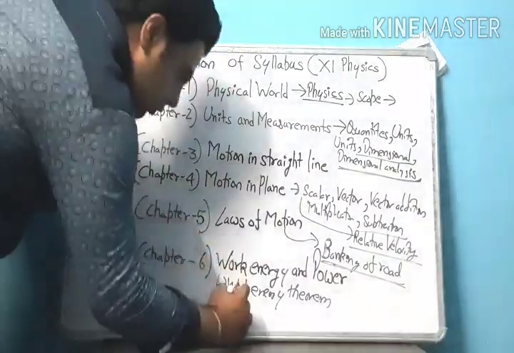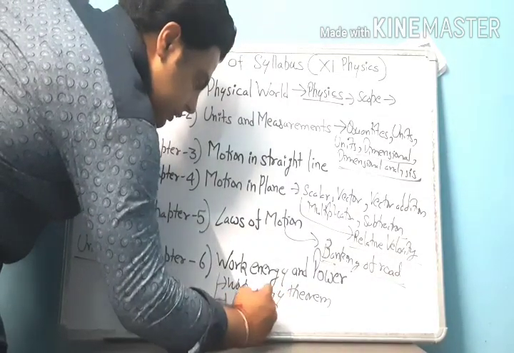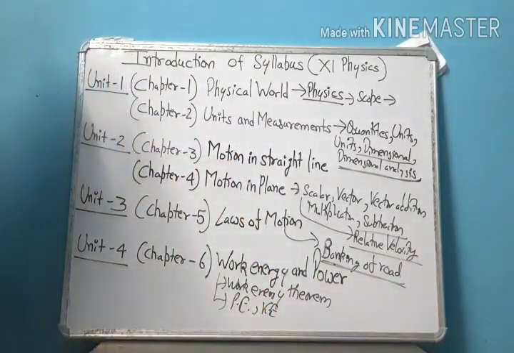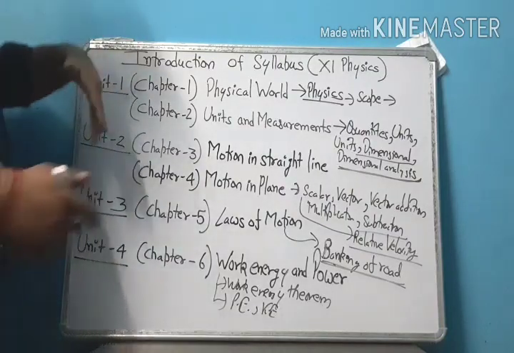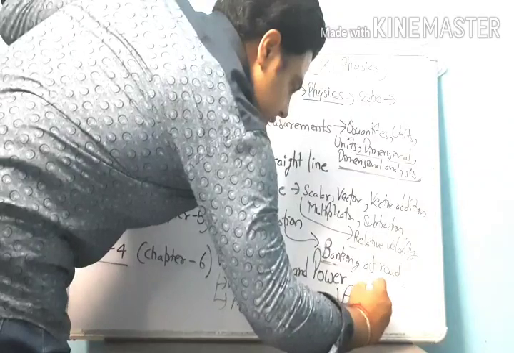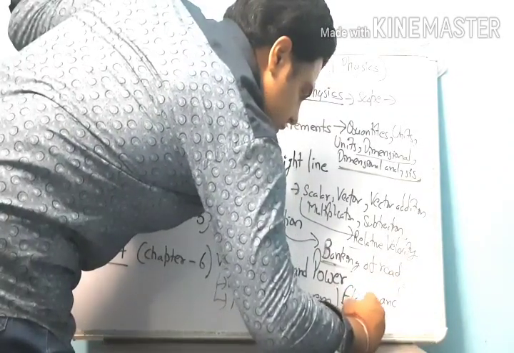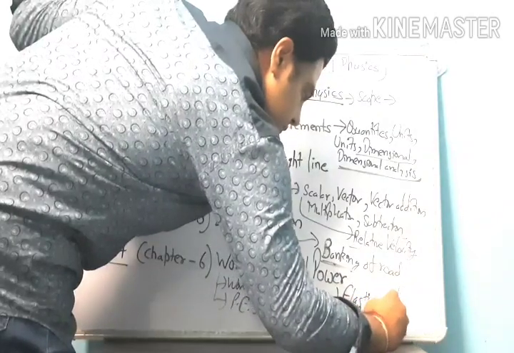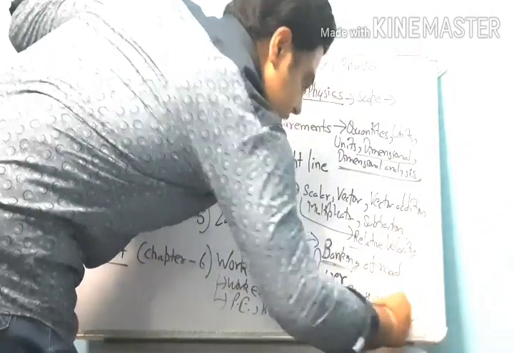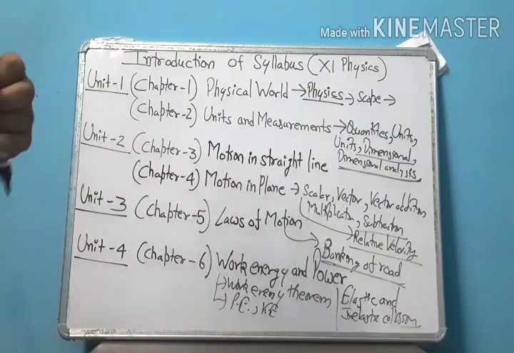Next is potential energy and kinetic energy, which you have already studied in your previous class. And the major topic of this chapter is elastic and inelastic collision. What is elastic collision and what is inelastic collision? These are the major topics of this chapter.